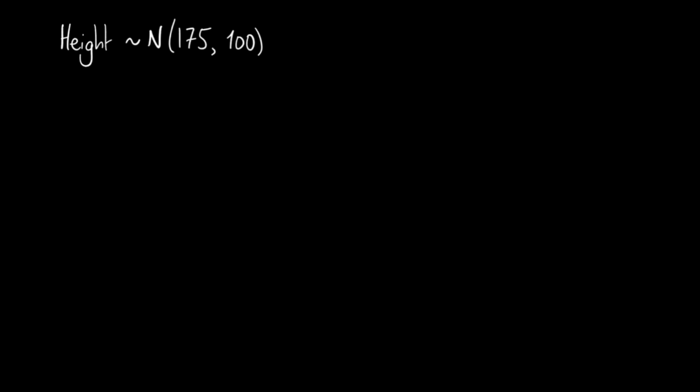Well, we've got our normally distributed variable here, and let's rewrite this. Instead of using height, we'll use x, simply to make the notation a bit easier. So x is a random variable that's normally distributed with expectation 175 and variance equal to 100, and we want to find the probability of randomly observing an observation of x less than or equal to 160.